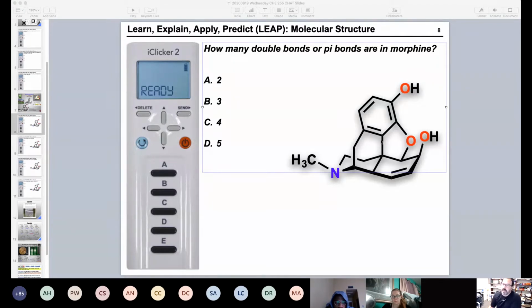So the benzene ring has 3 double bonds. We have another double bond out here. That double bond is different from all of those. That's called an alkene, or an olefin.